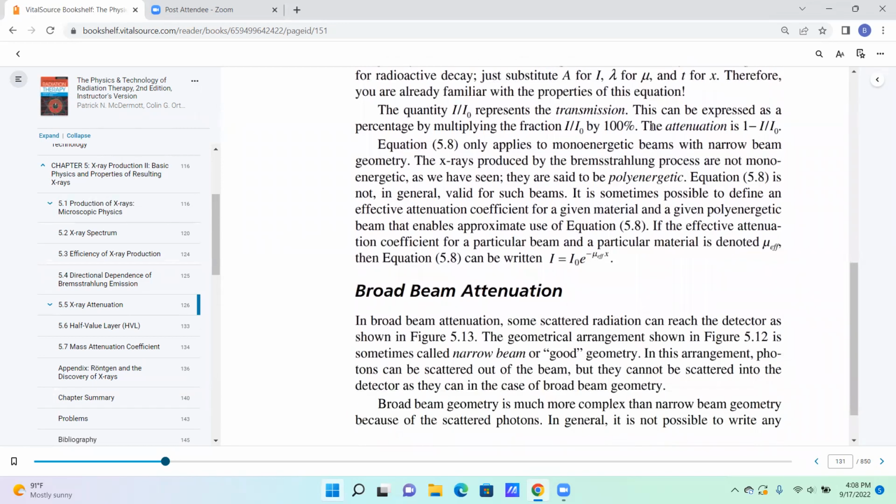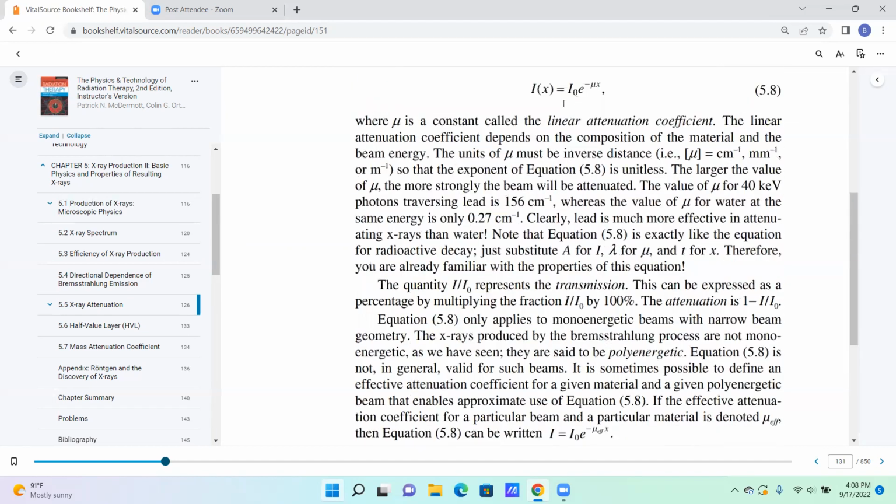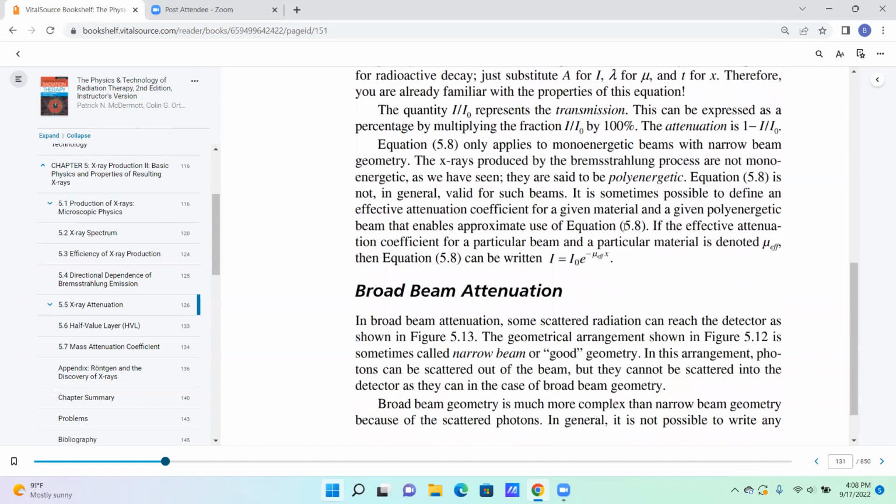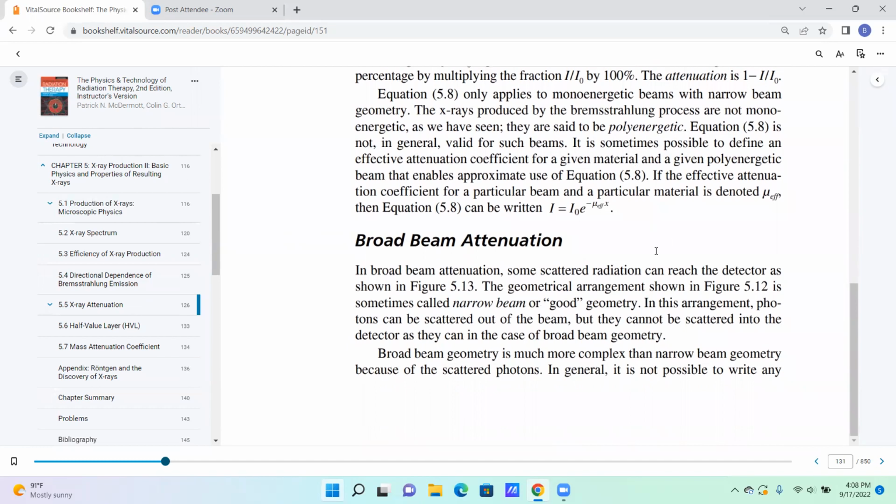Now, this only applies to monoenergetic beams. Once you start adding in other energies, things get a bit more complicated. You can go through and you can try to find an effective linear attenuation coefficient. Again, that's going to depend on what sort of energies you are using.